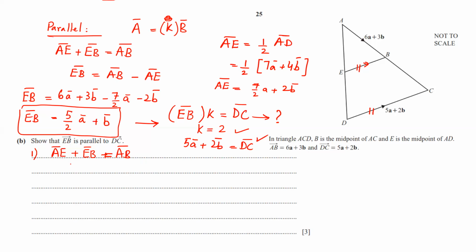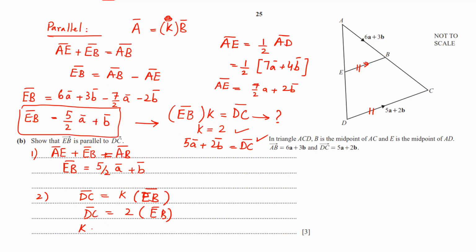From here we calculate EB vector, and this EB vector is equal to 5 by 2A plus B. Next step: DC vector is equal to k times EB vector, and DC is equal to 2 times EB.